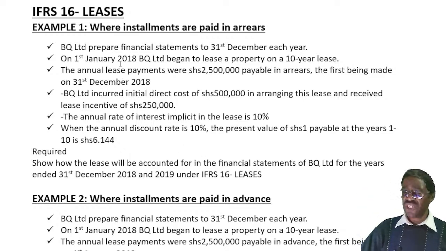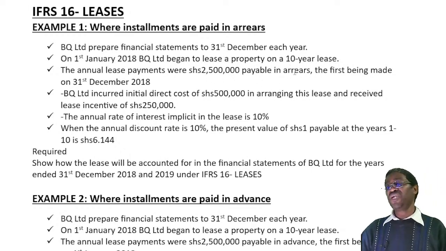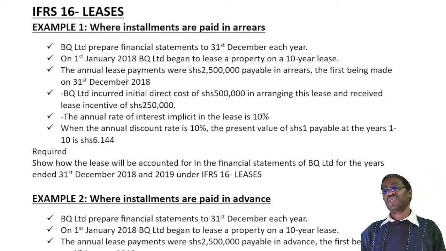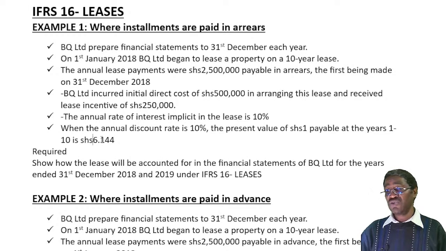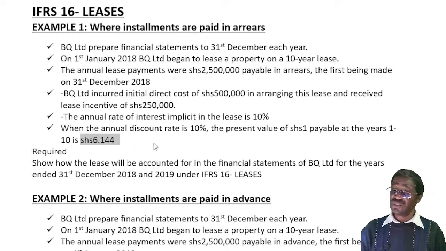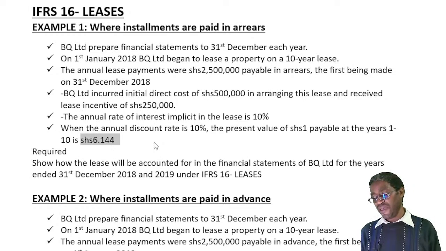Now, this one, of course, we are paying our installments in arrears, and the lease is for 10 years. They have given you the discounting factor down there. You don't have to calculate it. That's 6.144. Are you there? Good.